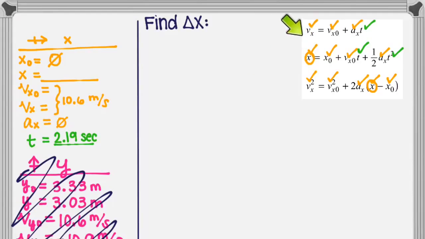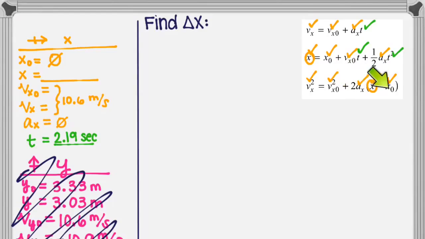It's going to tell you that 10.6 meters per second equals 10.6 meters per second plus 0. True, but not helpful. The last equation is going to do something very similar. Notice it does have x in it, so maybe I could use it to find x. Problem is, that is going to end up being multiplied by 0 right there, which means it's not going to be helpful.